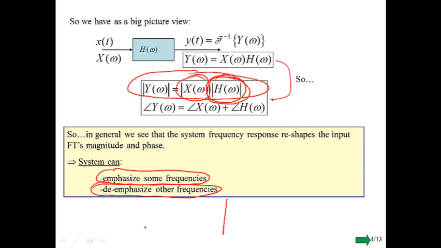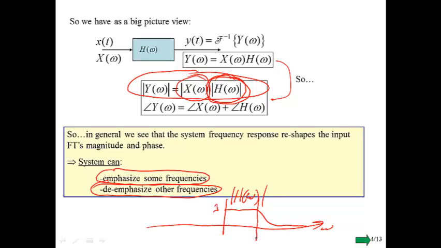So what we can do is look at a plot versus omega of the magnitude of H of omega, and this will have even symmetry, so I'm just going to draw one side of it. So it may do something like this, and so maybe this is 1.